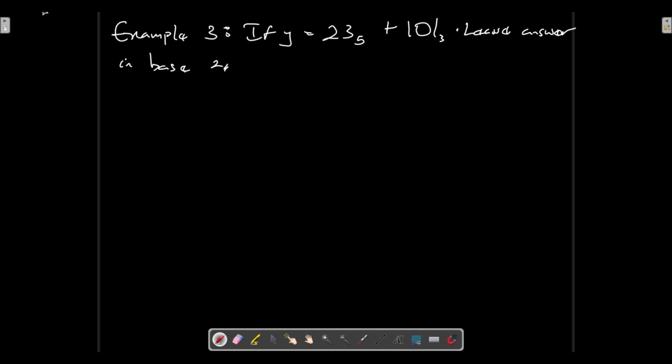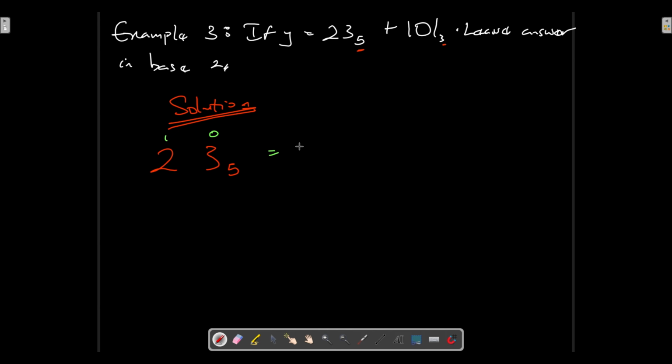How do we do that? These are two completely different bases. This is base 5, this is base 3. How do I do that now? What do I do? I convert this to base 10, right? Let's do that. Let's convert 23 base 5 to base 10. We number it according to places, 0 and 1.